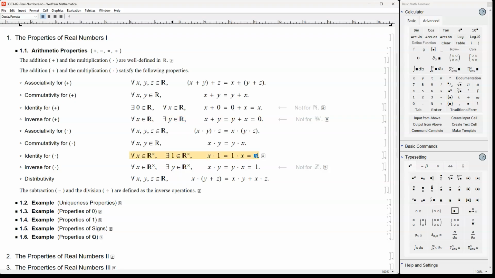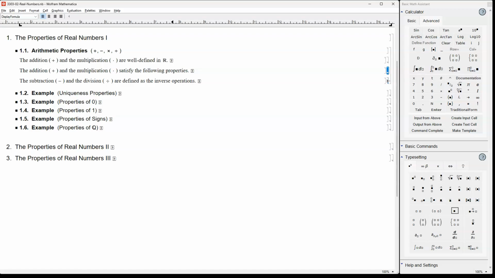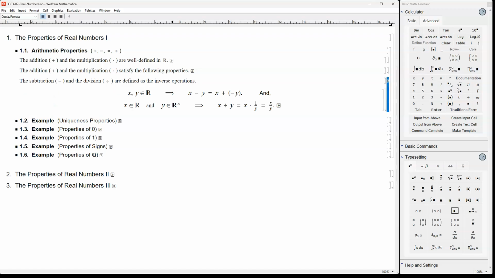Similarly for the multiplicative identity or the unity, and the multiplicative inverse or reciprocal. And then after that, finally, we have well-defined subtraction and division, because now negative y, the additive inverse of y, is unique, so we can define subtraction like this uniquely.